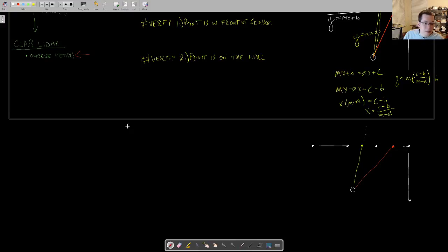So if we're just comparing against this piece that I will highlight in green, if we're just dealing with this wall piece, for the sake of thinking through our algorithm, we want to know what this angle is.